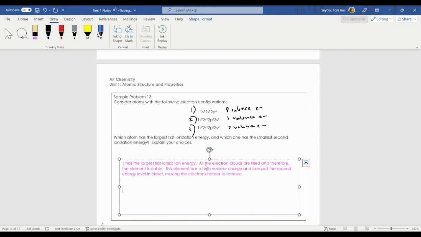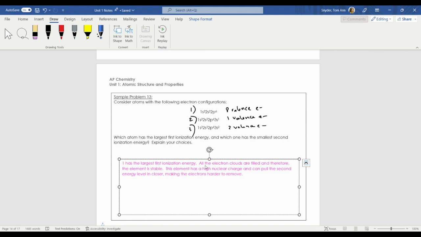You're going to see that with AP, you should try to be as concise as you can. I know I always say chemists don't like a lot of words, but you do have to use words to explain, right? So you can't just say it's higher for this one because of whatever. Be a little more precise. We want to get the words out of you in order to describe something.